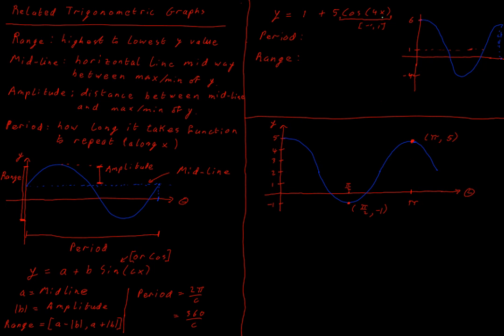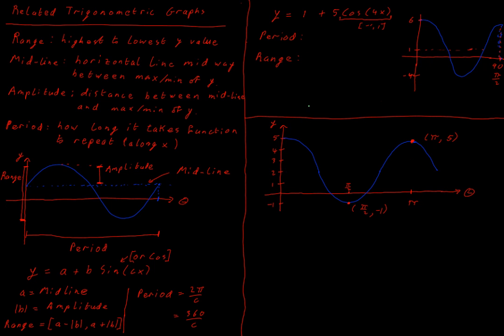If I go up to x is 90 degrees, I'd have 90 multiplied by 4, which gives me 360. So by reasoning it out, I'm going 4 times faster. My full period is going to be when I go through 90 degrees, or if I prefer, pi over 2 radians.